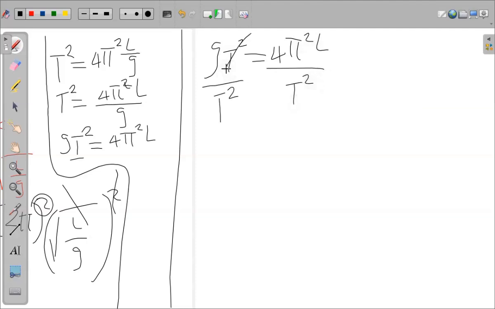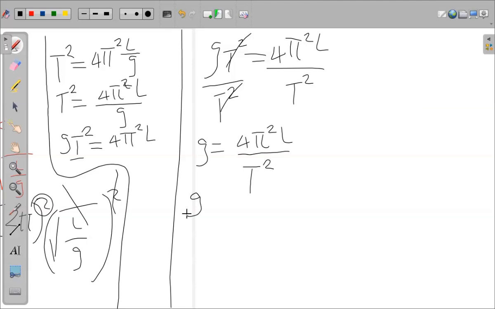So T squared will cancel T squared. So what I'm going to have is g equal to 4 pi squared L divided by T squared. So I will substitute what is given in the question and get my final answer.